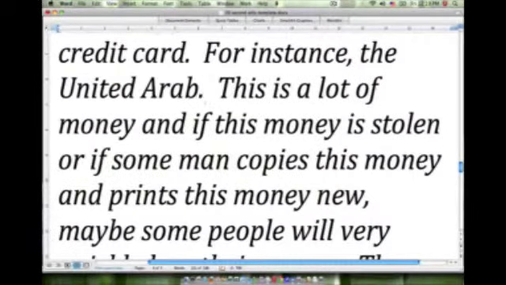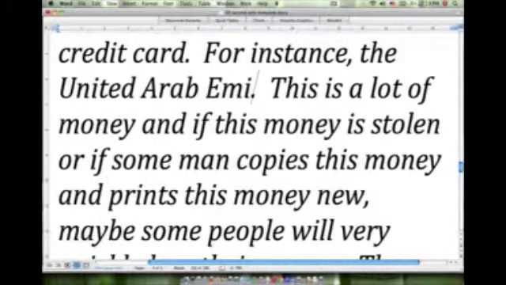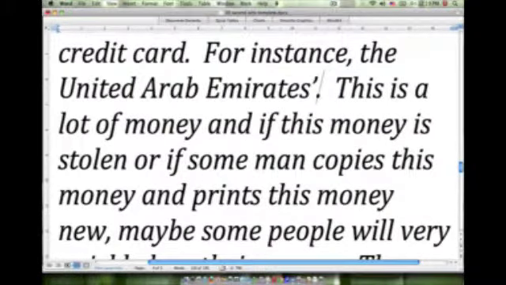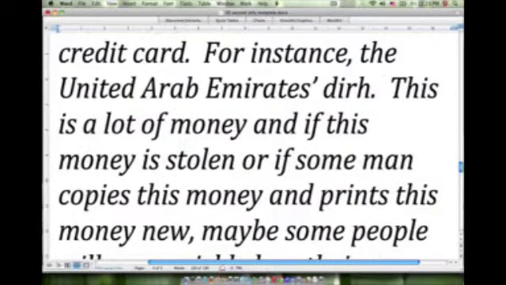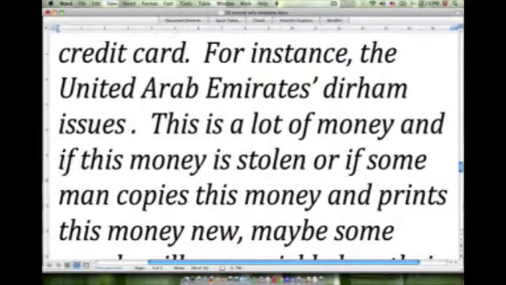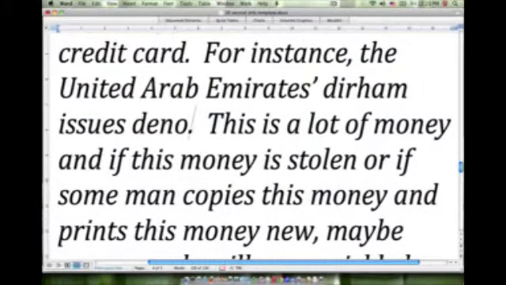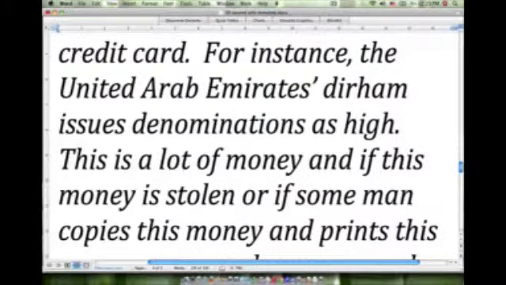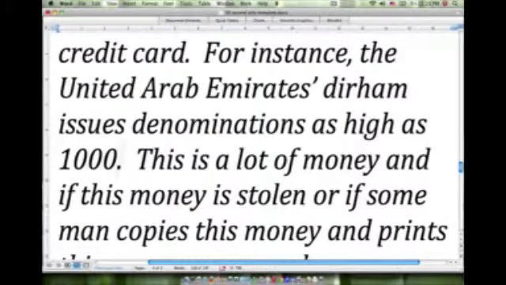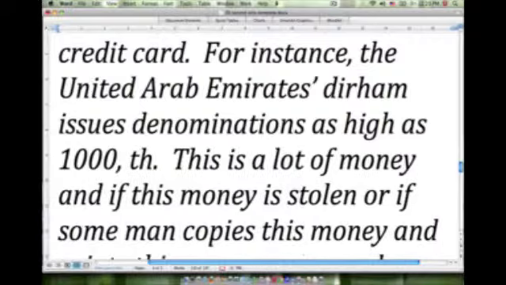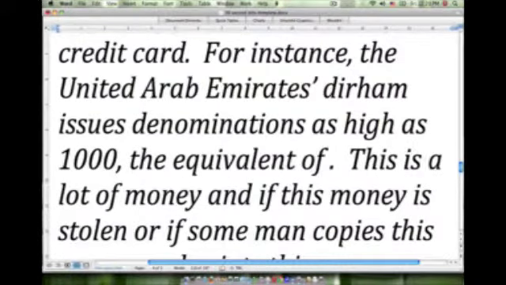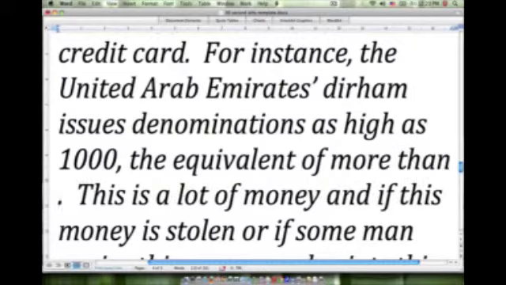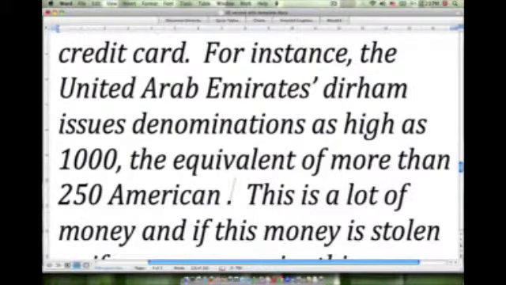So let's say, the United Arab Emirates dirham issues denominations as high as, we'll say, 1,000, and then the equivalent of more than 250 American dollars.